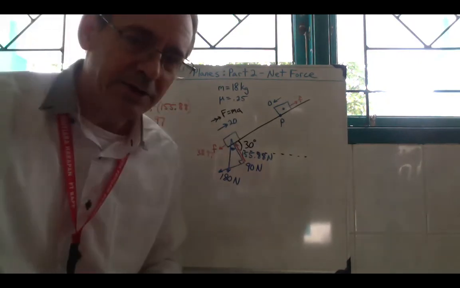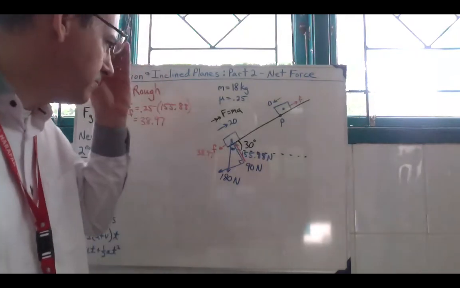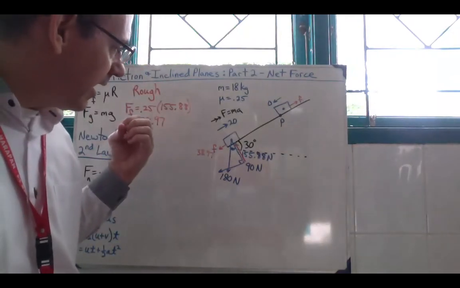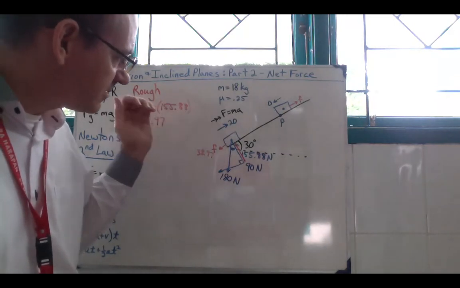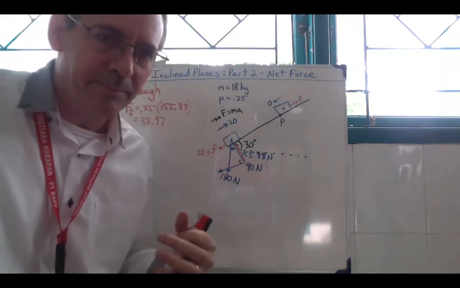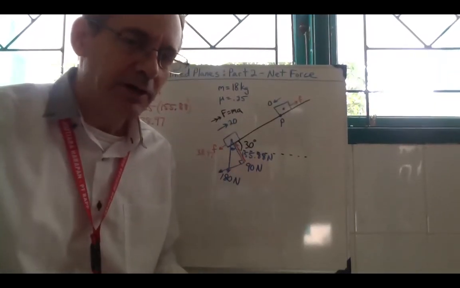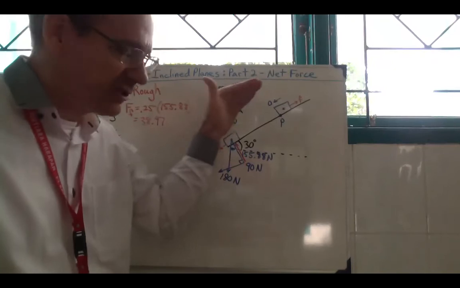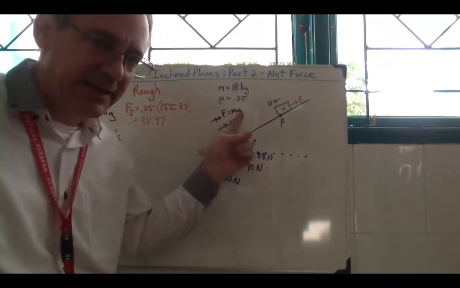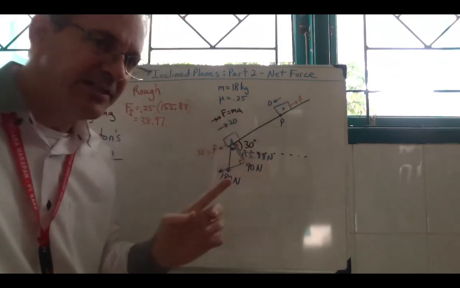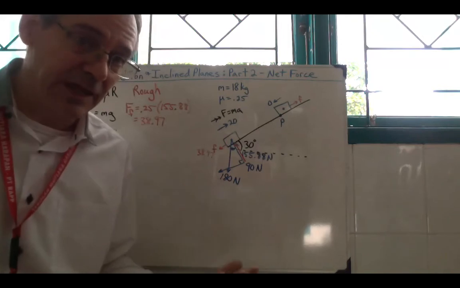So now what we want to do is create an equation to find the force that's going up the hill here, okay? The reason we want to find the force going up the hill is because we want to find acceleration, and acceleration is an important part of determining velocity.